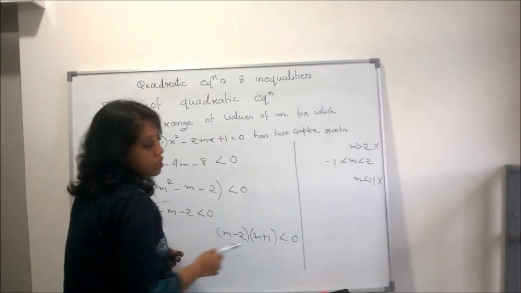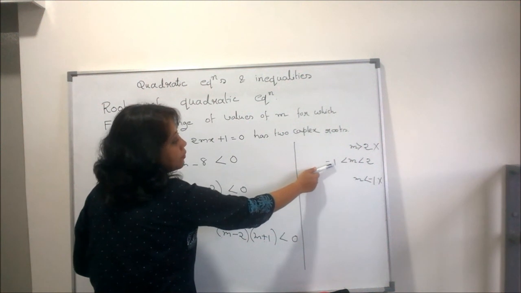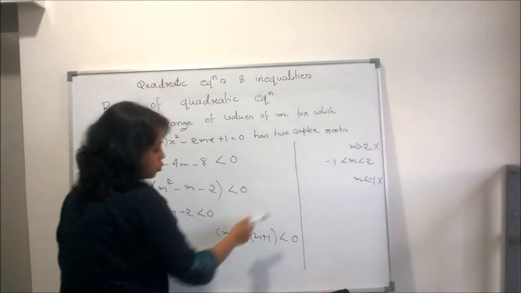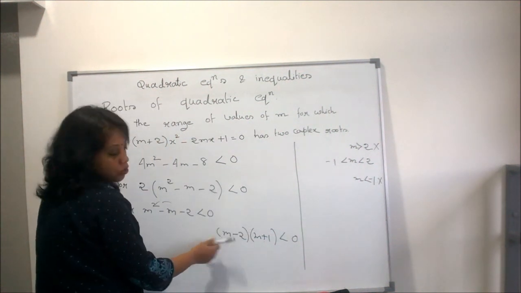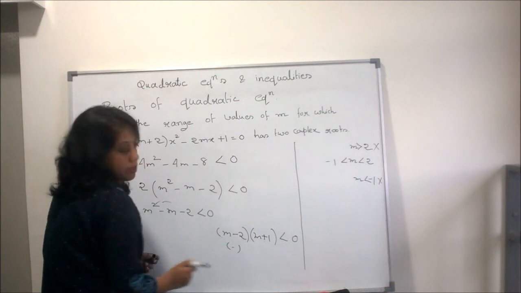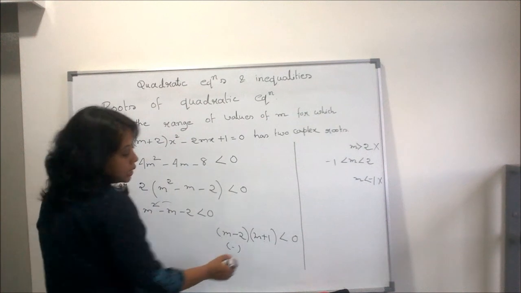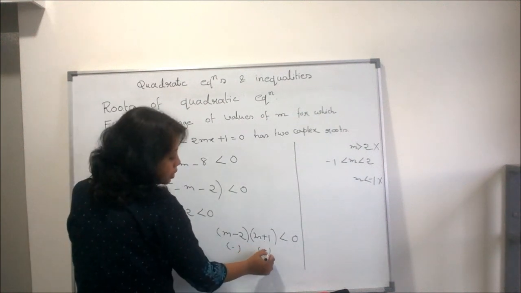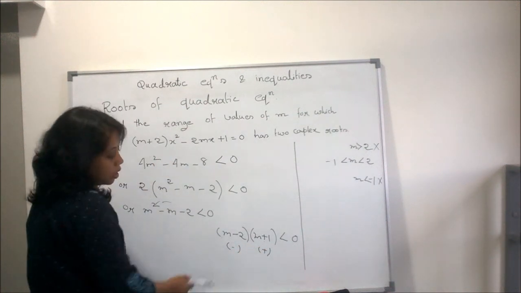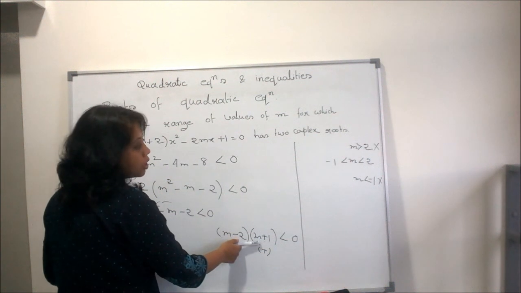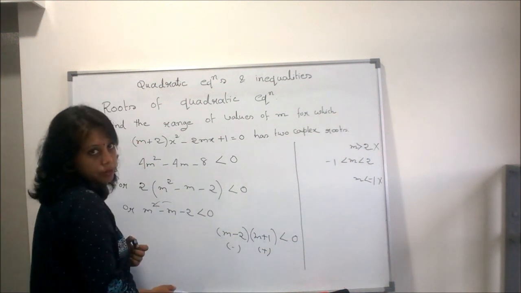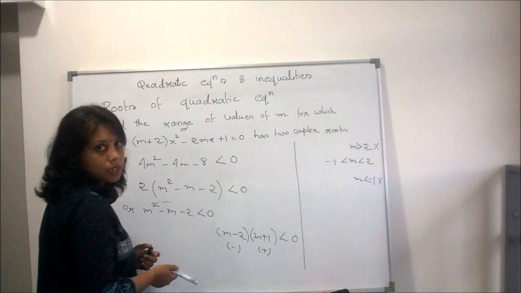Now we consider this part. If m is less than 2, this part gives us negative value, and m is greater than minus 1, this part gives us positive value. Look at this, if we consider m is 0, it belongs to this interval.